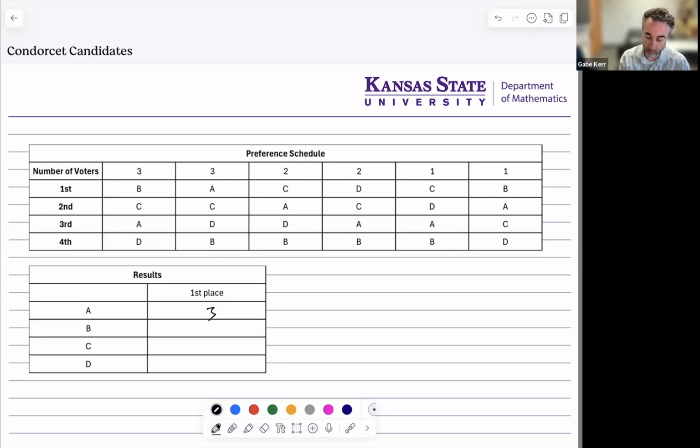B, Bob, has 4 votes, and remember the 4 votes came from 3 here and 1 here. For Cameron, we had 2 and 1 votes from the various schedules, so 3 votes in total, and then David had 2 votes.